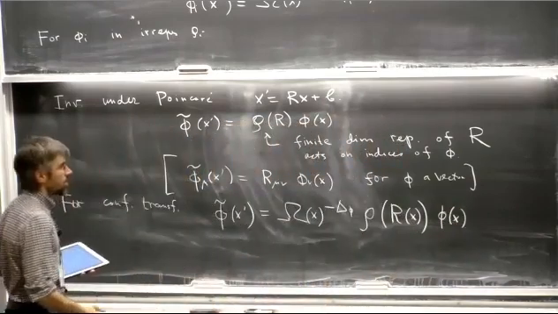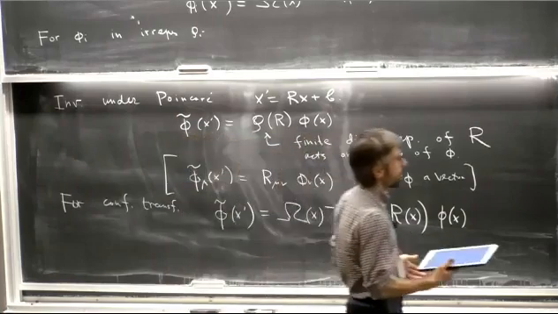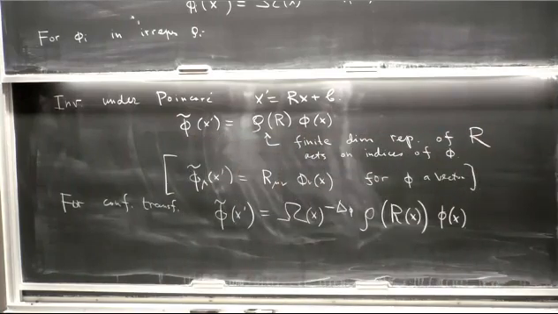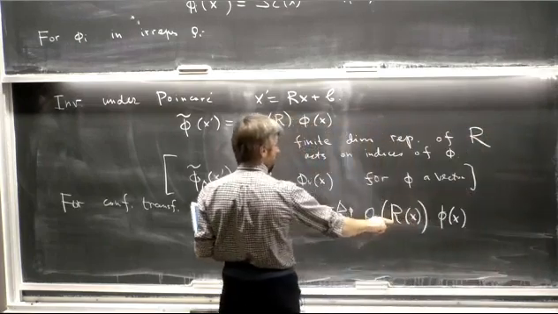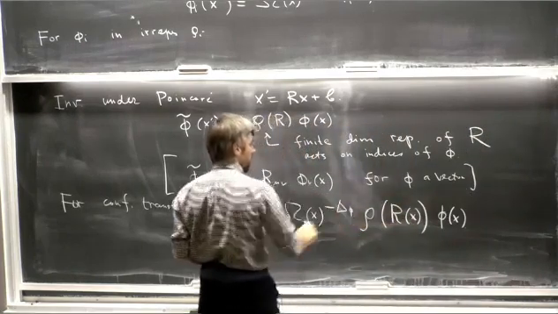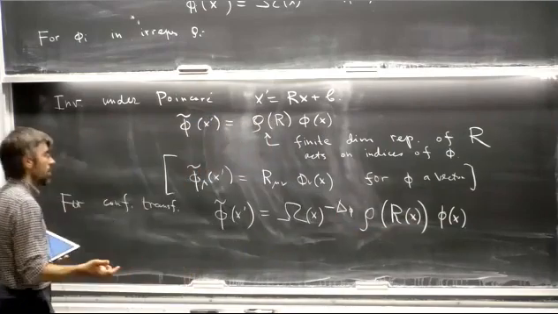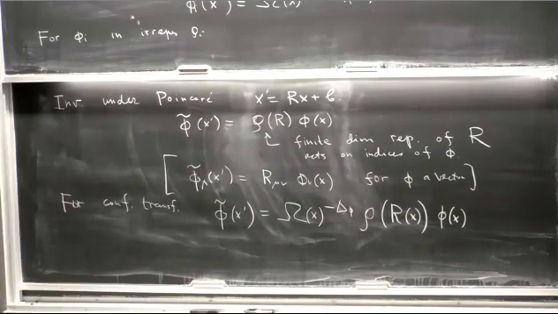In other words, you take the conformal transformation. The conformal transformation gives you these two objects, omega of x and R of x, and then based on this x-dependent matrix R of x, you construct the corresponding matrix rho of R of x, you act with it on the field phi of x, and that's your transformation.